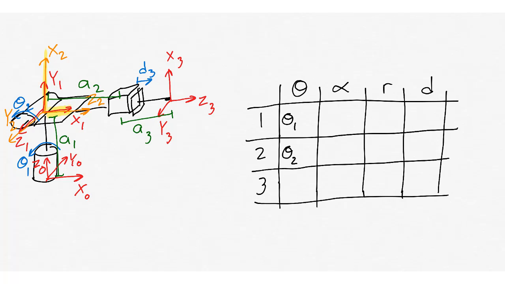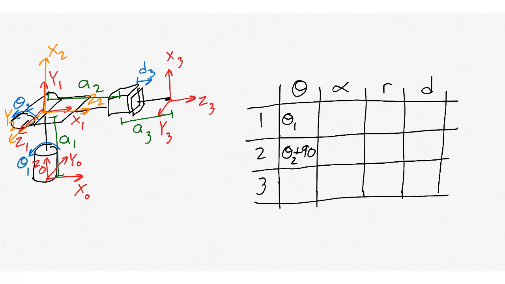So I have to ask myself, how do I have to rotate frame 1 around the axis Z1 in order to get x1 to match x2? I would have to rotate 90 degrees around Z1 to get x1 to point up the same direction as x2. So I have to add on 90 degrees to theta in the second row.